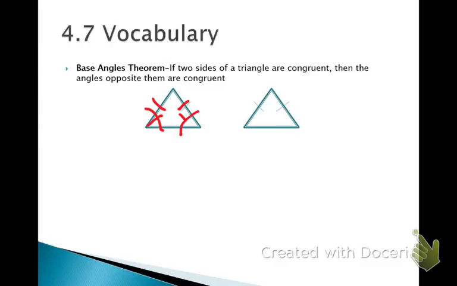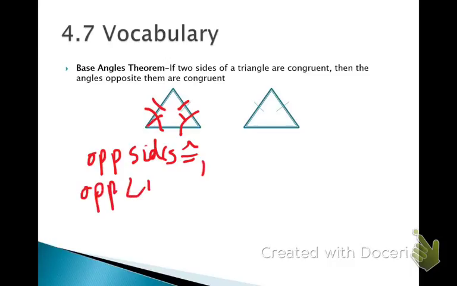You can call that the base angles theorem, or in your proof, if for a reason you say opposite sides congruent, comma, opposite angles congruent. That's saying if the opposite sides are congruent, the opposite angles are congruent. You can use that as a reason in your proof.